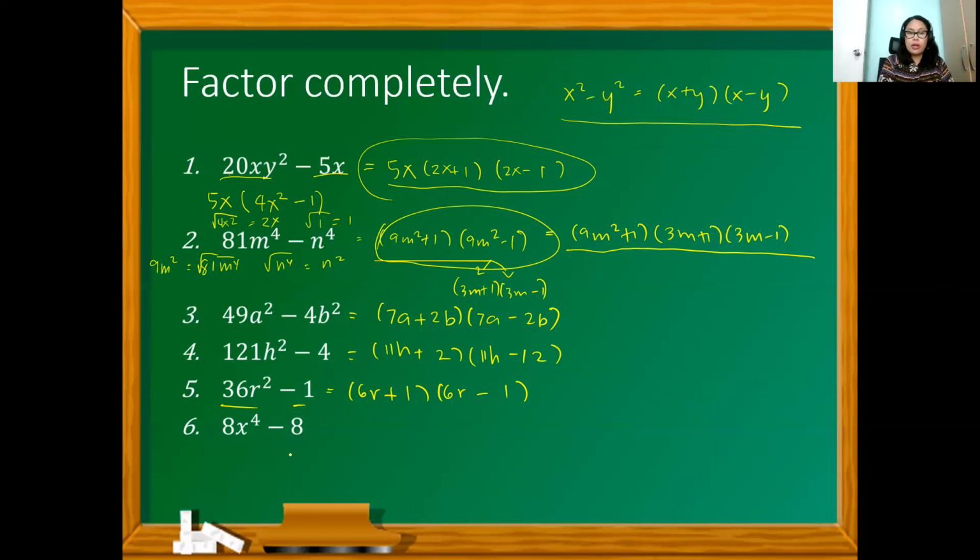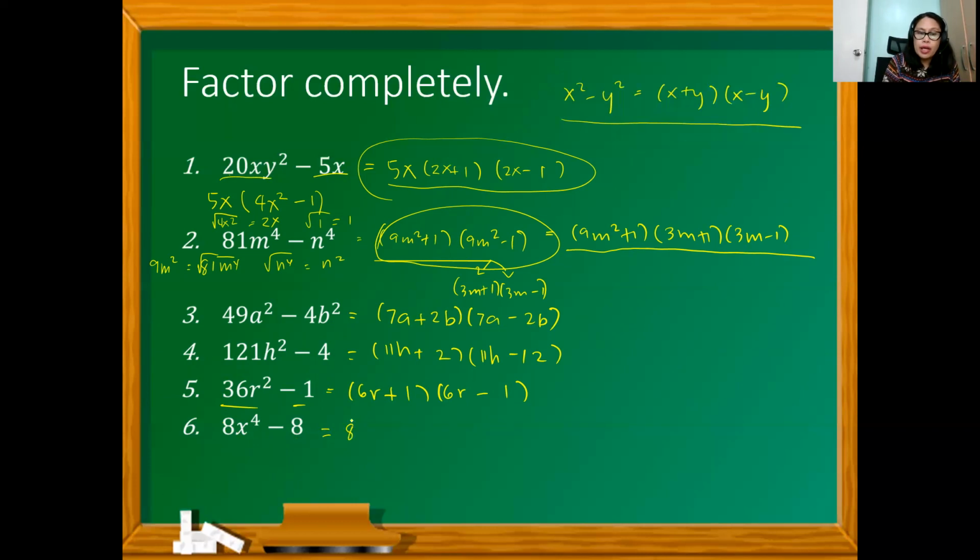So here, 8x to the fourth minus 8. Obviously, both terms are not perfect squares. So same with what we did in the first example, we have to divide both terms by their GCF, and we have 8 here.